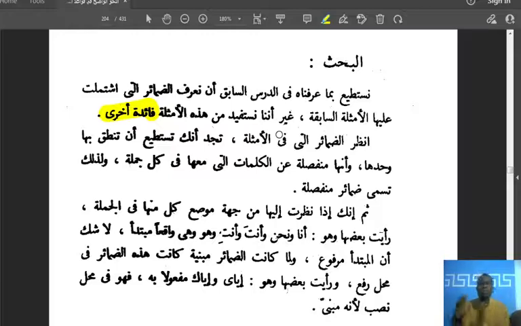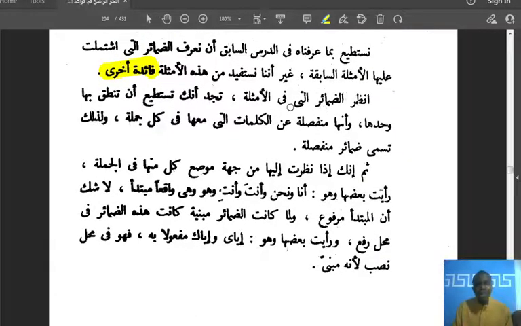So it's not just about teaching you the pronouns again, not a repetition, but it's going to give you something else. Another extra benefit from this lesson.